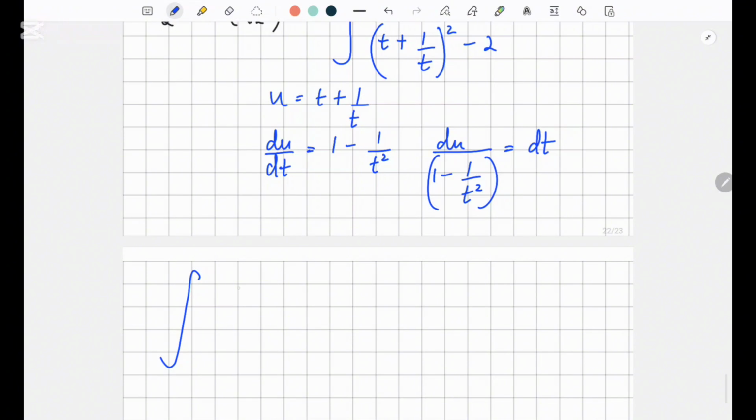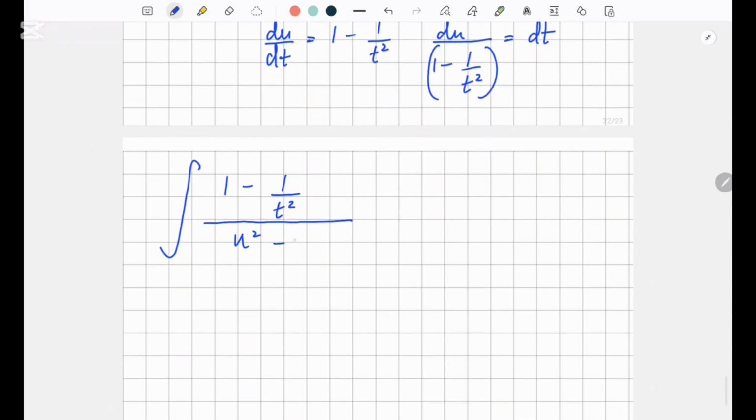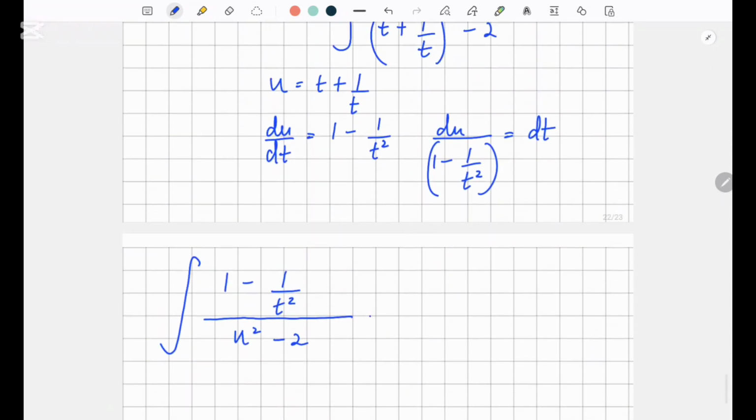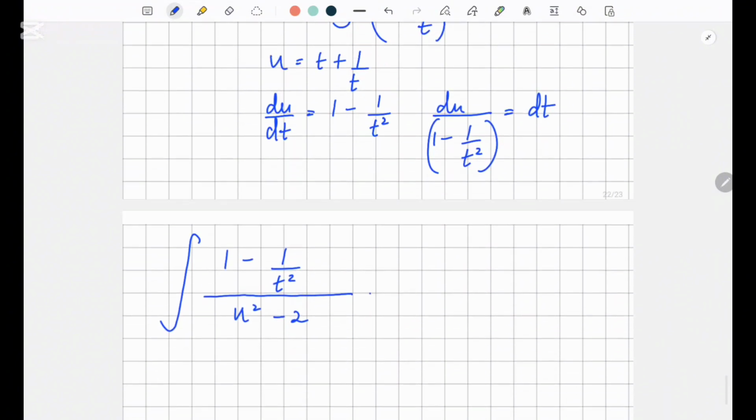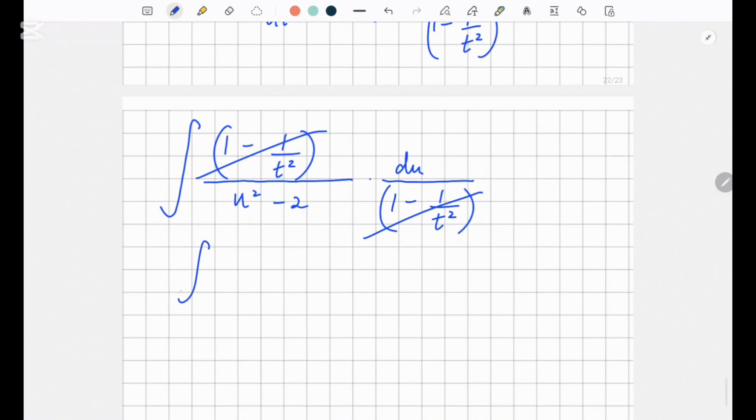So then you have (1 minus 1 over t squared) over, instead of writing t plus 1 over t, you can write u squared minus 2, instead of dt, you write du over (1 minus 1 over t squared). You can cancel these off. And now we have to integrate 1 over (u squared minus 2) du.